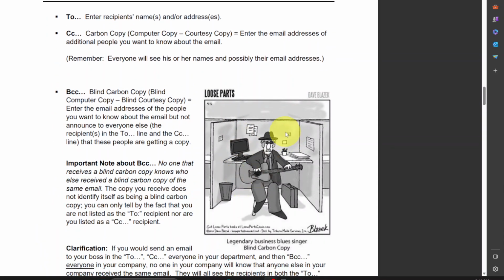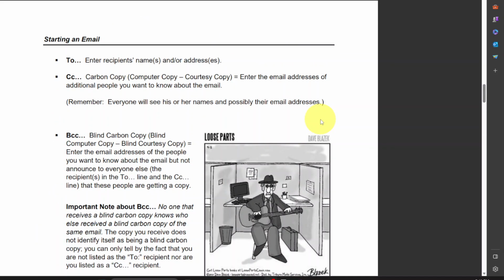Starting an email. Enter recipient's name and/or addresses. CC. Carbon copy means computer copy or courtesy copy. Enter the email addresses of the additional people you want to know about the email. Remember, everyone will see their names and possibly their email addresses.